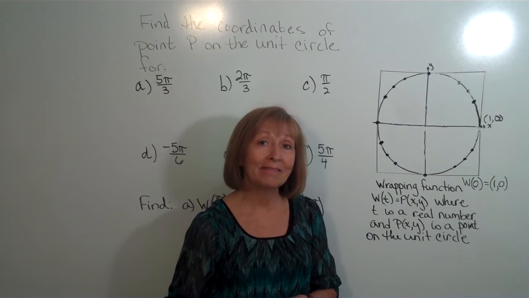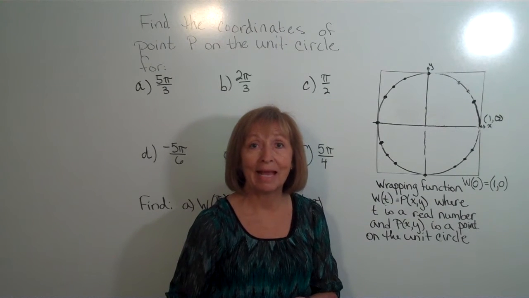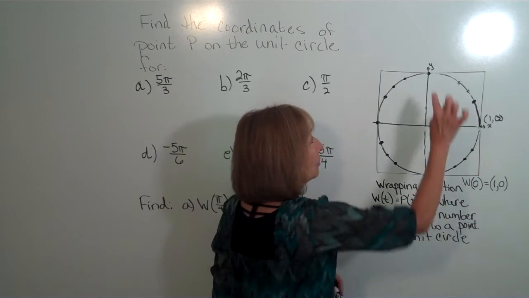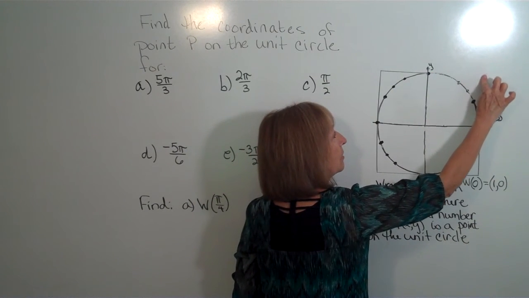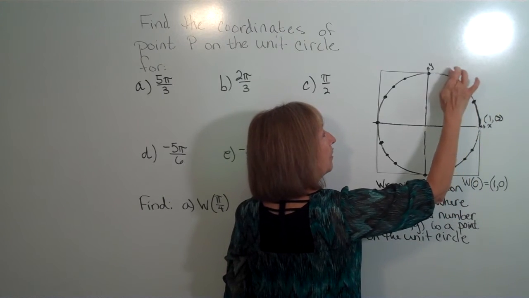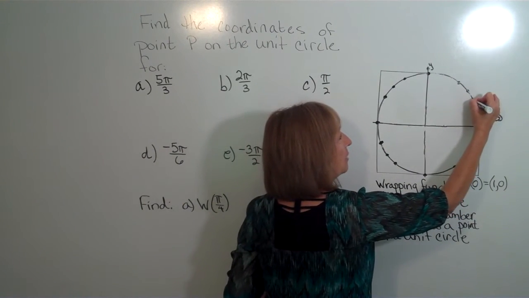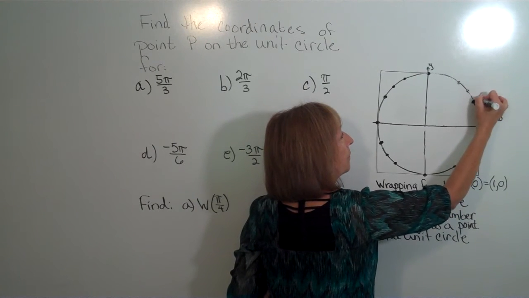And the sine of the angle is going to be the same as the y coordinate of the point on the unit circle. So I'm going to go ahead and take this part of the grid off now that we've determined it's the unit circle, and that'll give us space to put our ordered pairs.